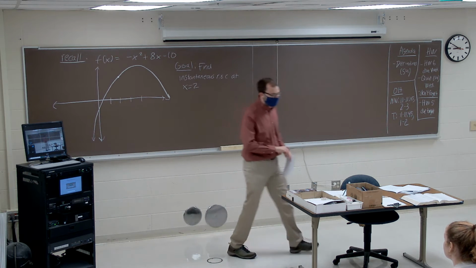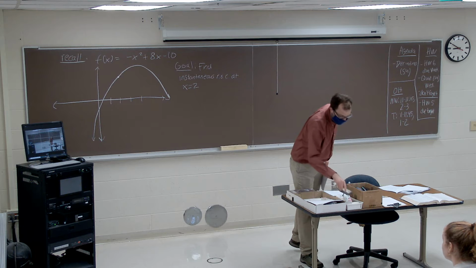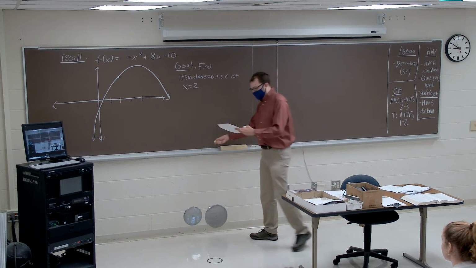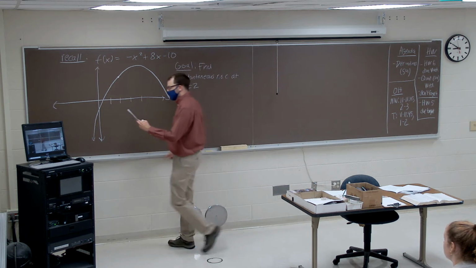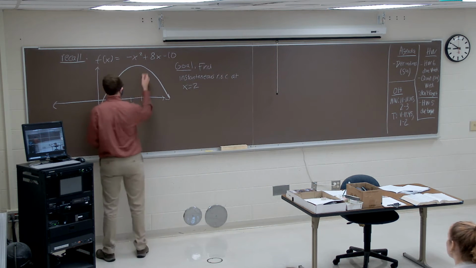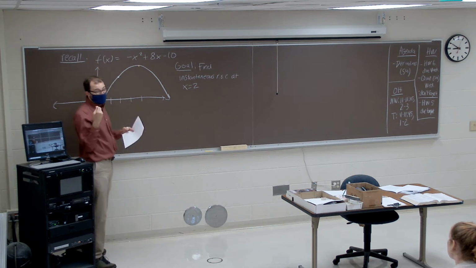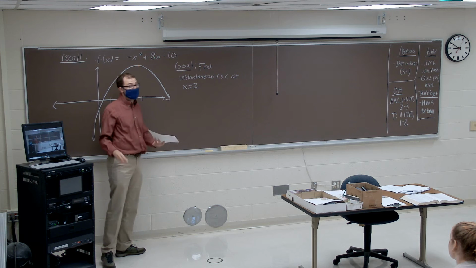Last time we looked at a few different approximations to what this rate of change might be. First, we found the average rate of change from x equals 2 to x equals 4 using our Standard 1 techniques.